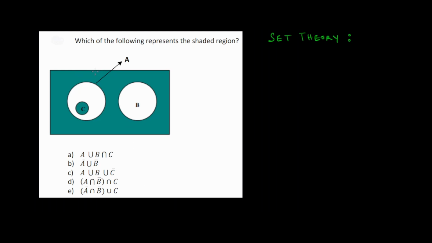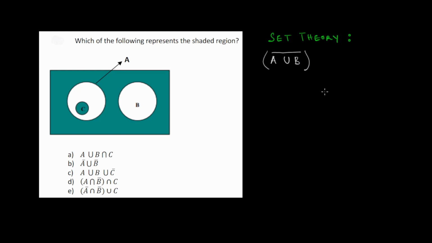We want to know what represents the shaded region. But when we look at it, we can see that we have 3 sets inside this sample space or universal set. We have set A, set B, and set C. Now, to start with, let us say A, referring to this set, union B, referring also to this set, but we want to take the complement.